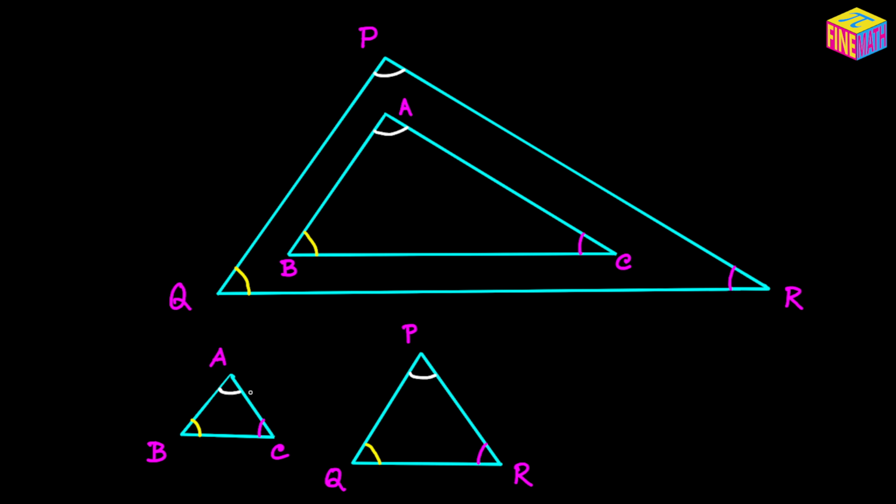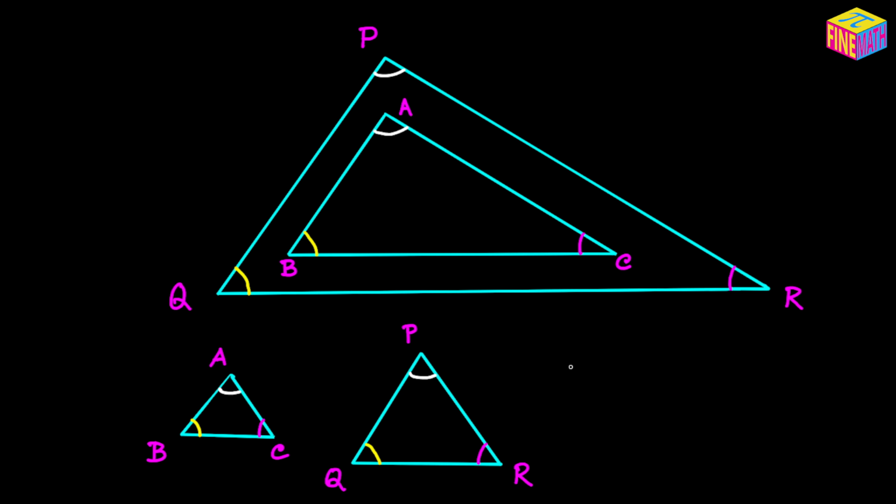For example, if A is equal to P, B is equal to Q and C is equal to R, then yes, both triangles will be called similar triangles, even though their size is different, but their shape is pretty similar.